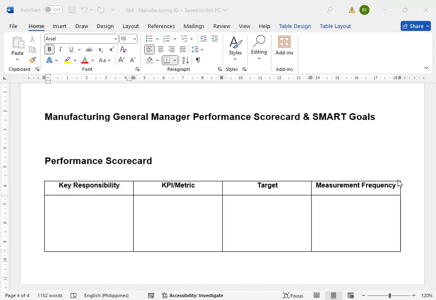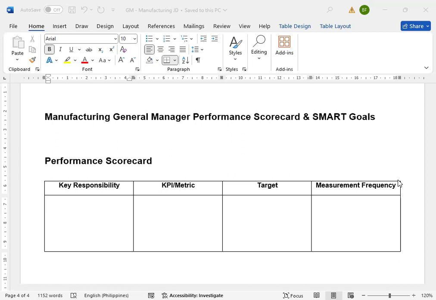It aligns strategy with execution, ensures that daily operations support the company's strategic objectives, provides clear performance metrics, establishes measurable goals that track progress over time. It enhances accountability, assigns ownership to specific KPIs, ensuring that employees and managers are responsible for achieving results.